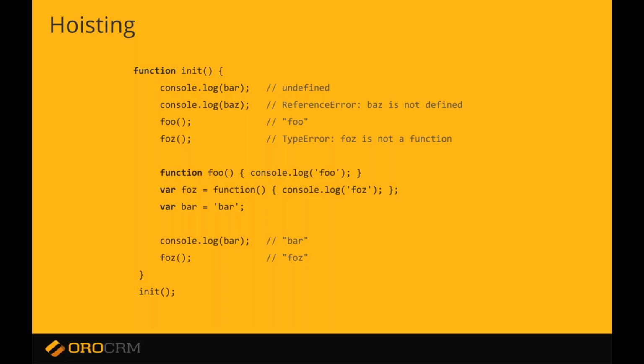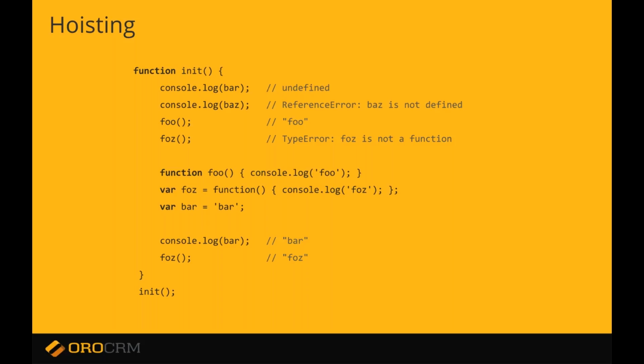This function is anonymous, and it is assigned to variable fourth. At the moment that we try to execute it, fourth is a variable with value undefined, so we cannot execute undefined. And we will get a type error that fourth is not a function.